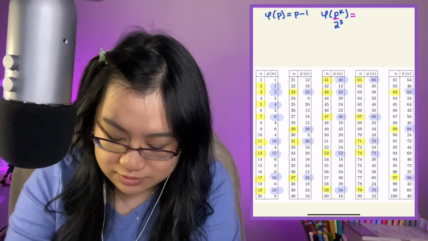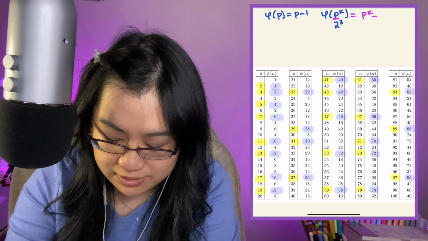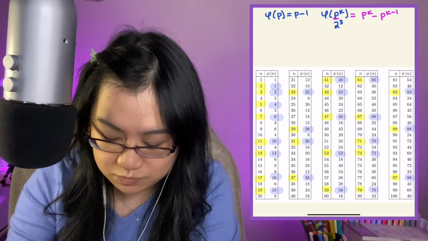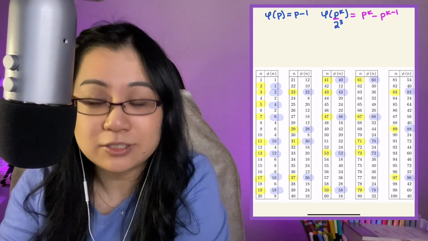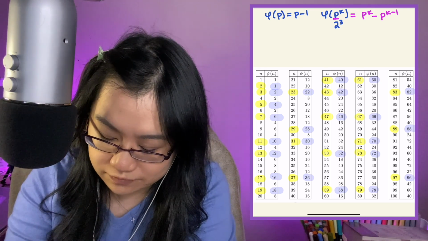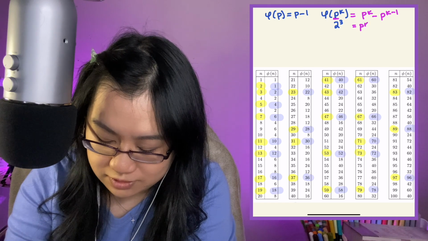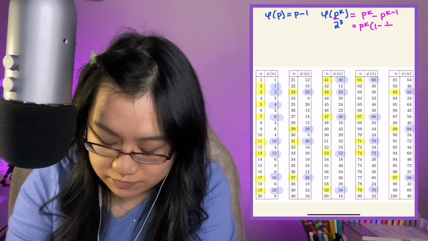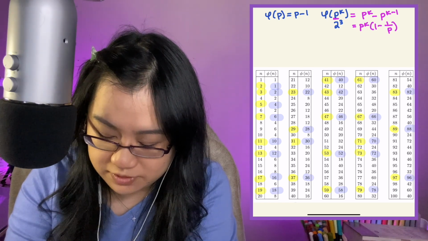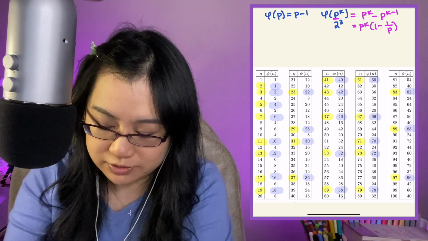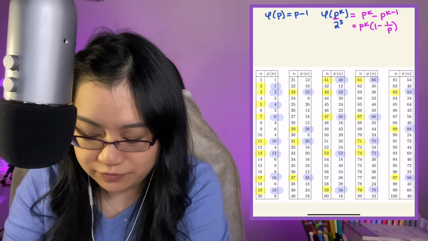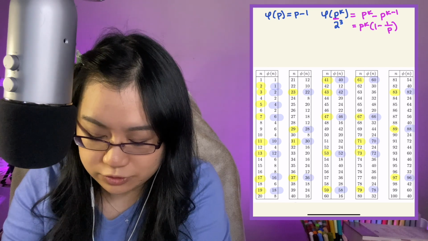And that is p to the k minus p to the k minus 1. Another way to write that is to just factor out the p to the k, and this is just rules for exponents here. And that should give you the totient value.